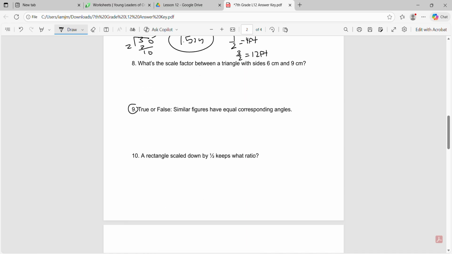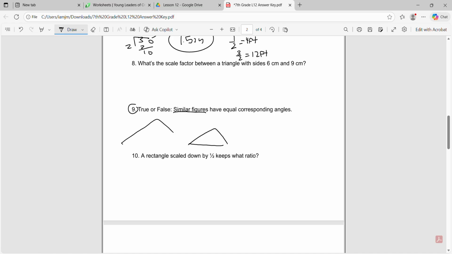Okay, moving on to number 9. True or false? Similar figures have equal corresponding angles. So what similar figures refers to are figures, let me draw an example, that have the same proportions but different sizes.